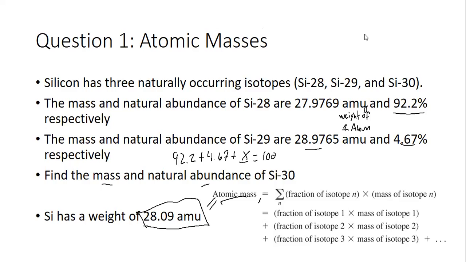Yep, 3.13%. I got 3.13 when I just did it again. 92.2 minus 4.67, yeah, should be 3.13.